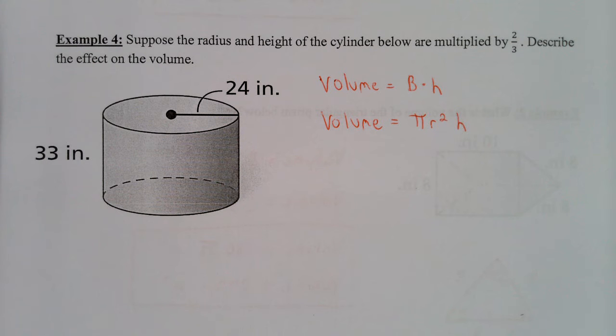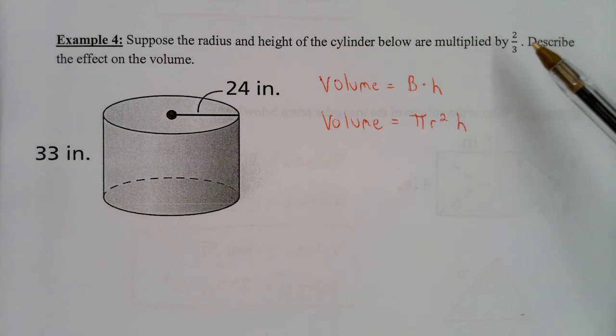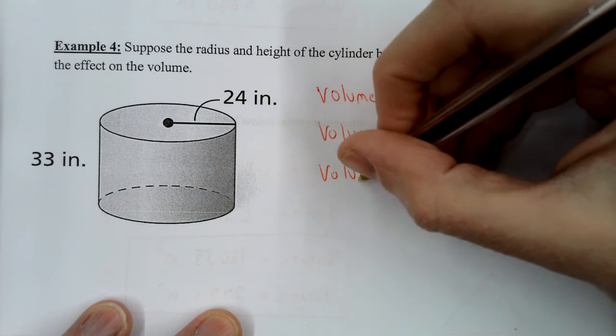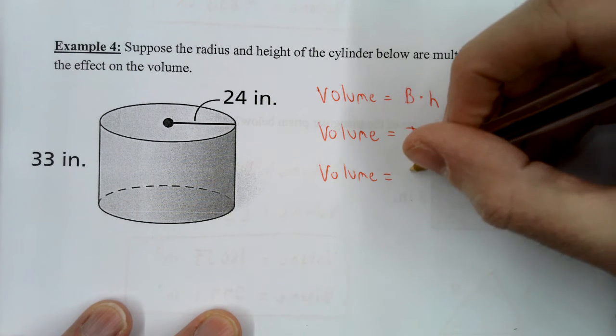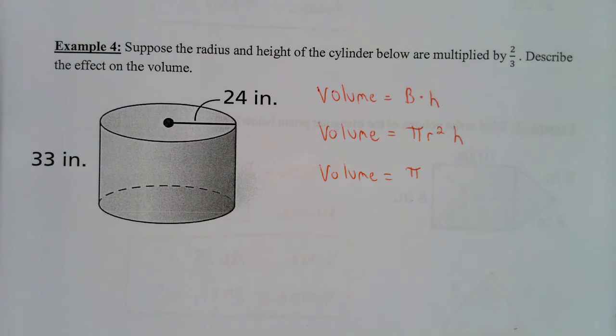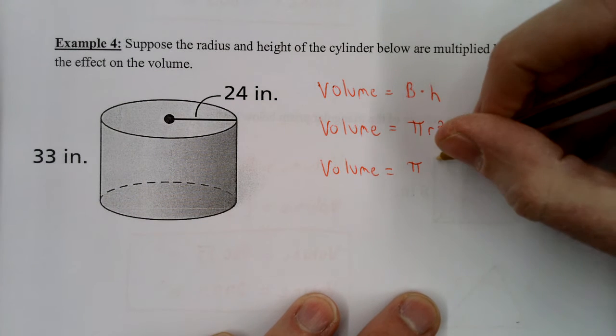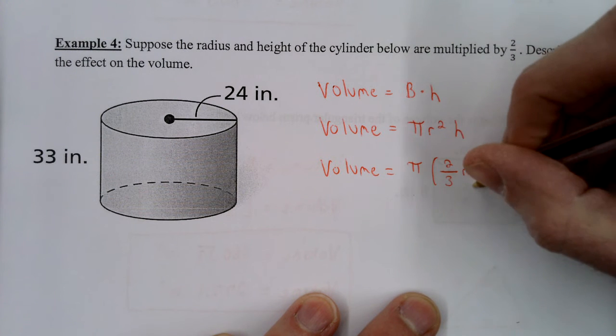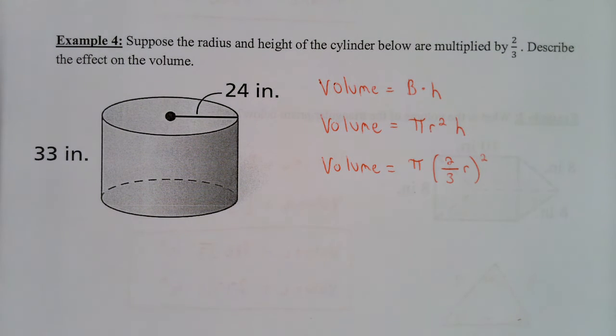So what we're going to do now is multiply the radius and the height both by 2/3. So watch what I'm going to do. Volume equals, the pi stays, but we're going to multiply the radius by 2/3. So check this out, 2/3 times r, and that's squared because the radius is always squared.